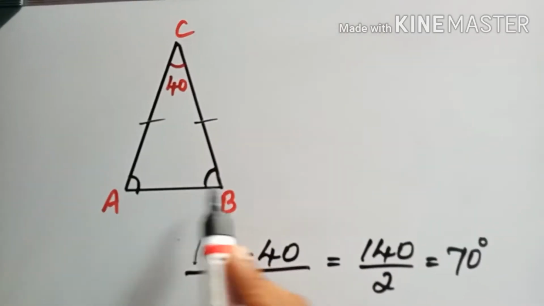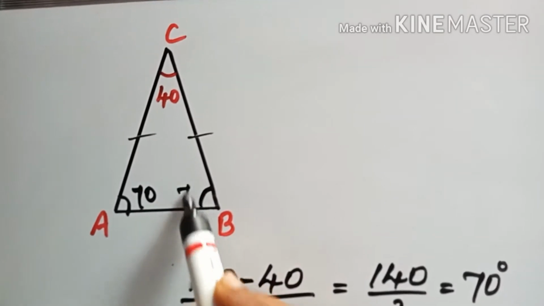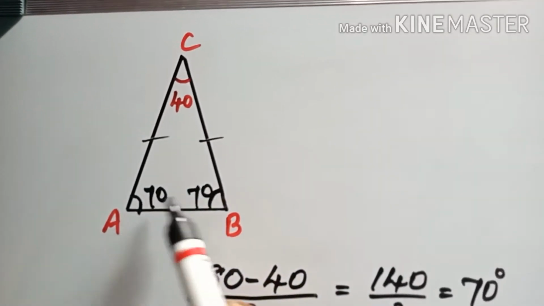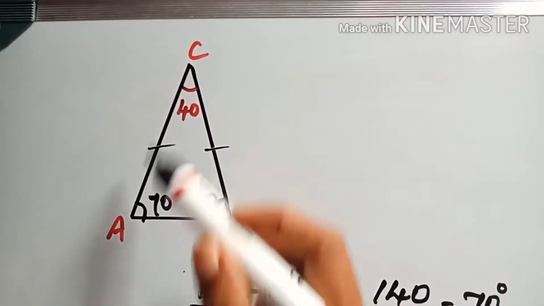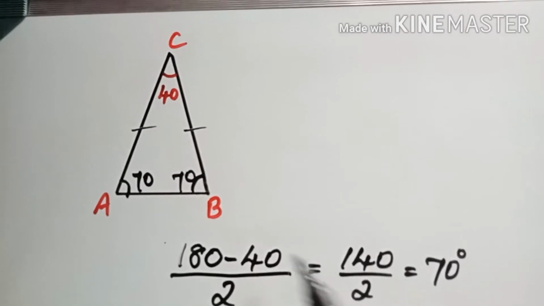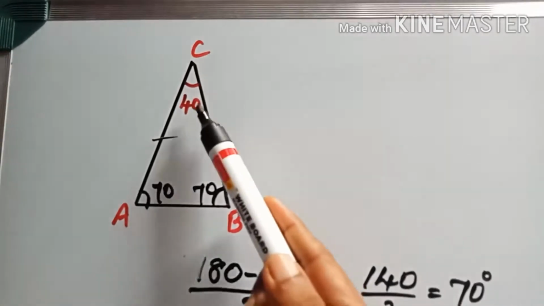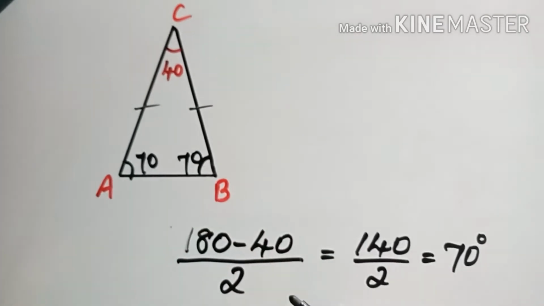That means each angle will be 70 degree. This will be 70 and this will also be 70. 70 plus 70 is 140. 140 plus 40 is 180. So the sum will be 180 degree. So this is the method: 180 minus 40, divided by 2. In order to get the equal angles, this is the equation.